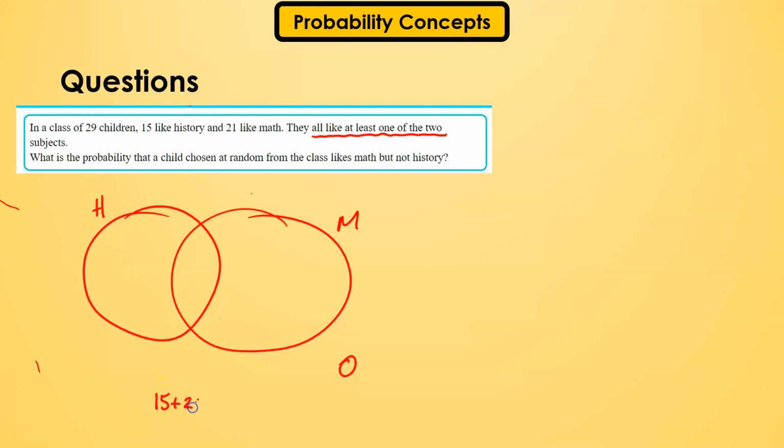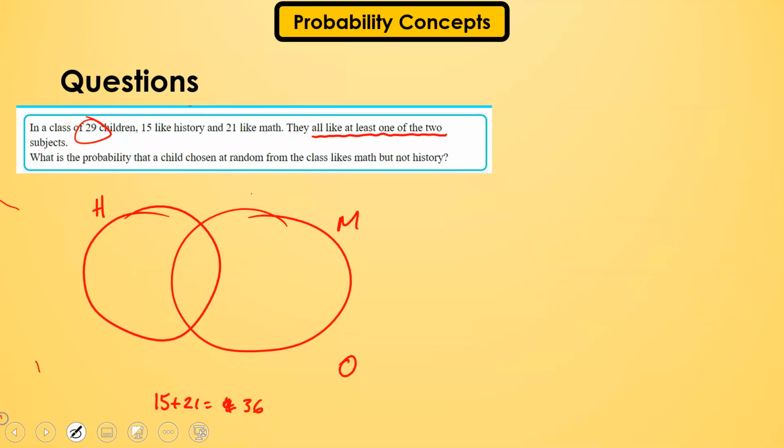So if we take a look at these numbers, 15 plus 21 gives us 36. So what that means is that we've got 36 results by adding them together, but 29 in the class.